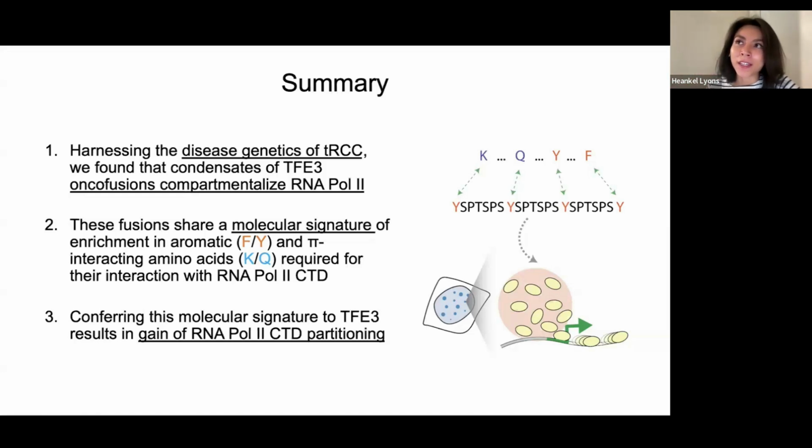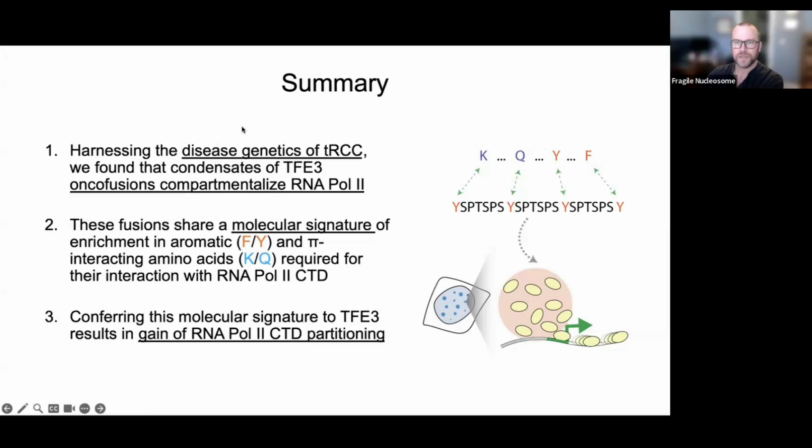For this filtering, we also use some chromatin binding oncofusions, and so they are actually included. And a fun control we had for this was also analyzing other oncofusions that we don't think should have this signature, such as oncofusions involved in signaling. And so the molecular signature is not found in those other oncofusions that are outside of the nucleus.